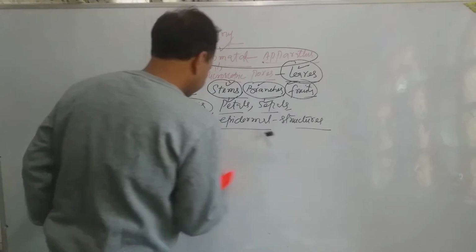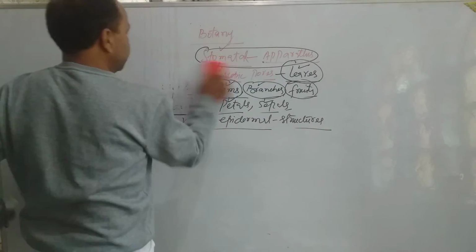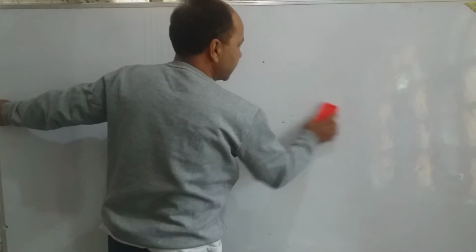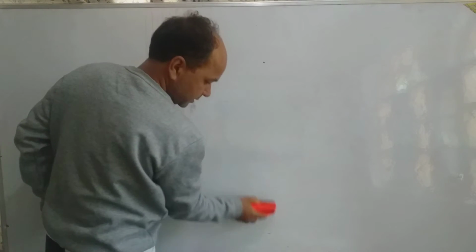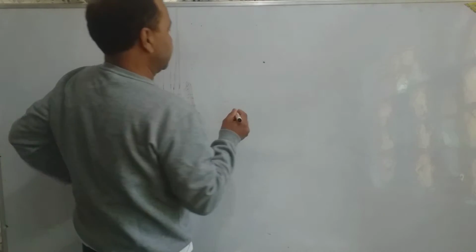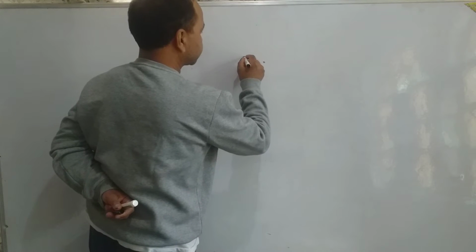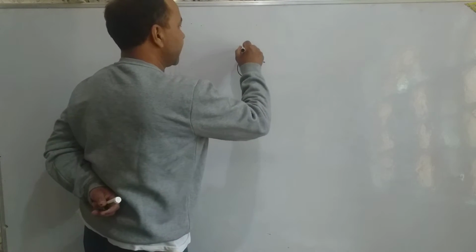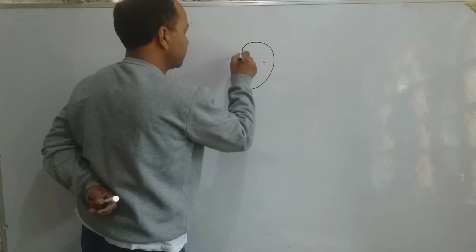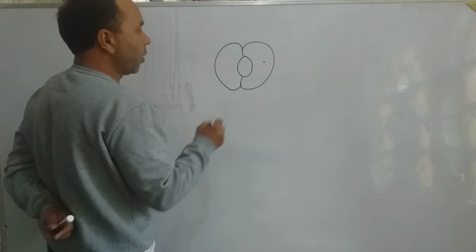First of all, we will now see the structure of this stomatal apparatus. Look here. Here you will see there is a microscopic pore which is guarded by two important cells known as guard cells.